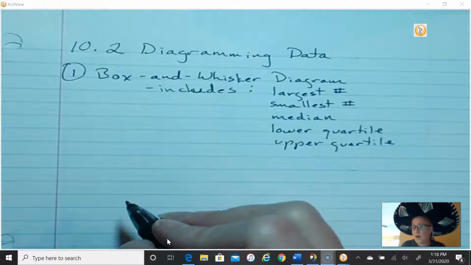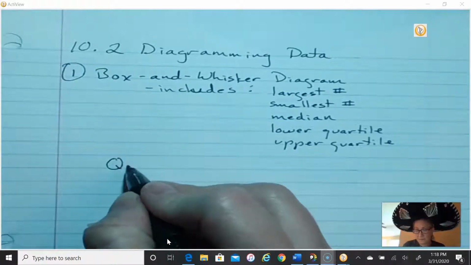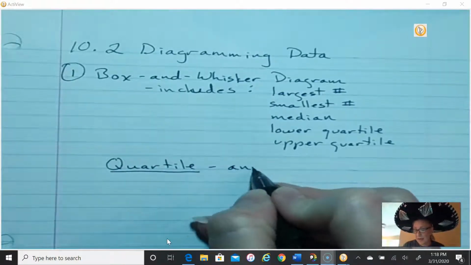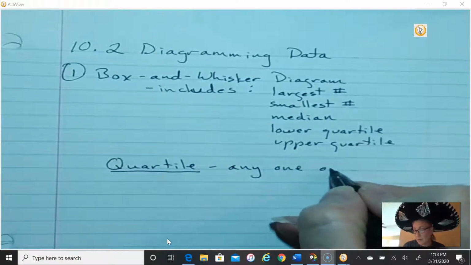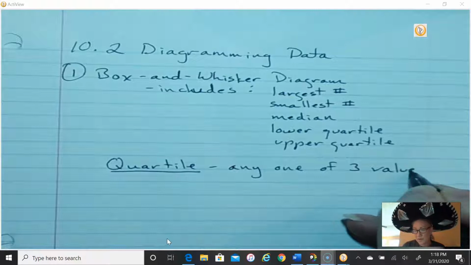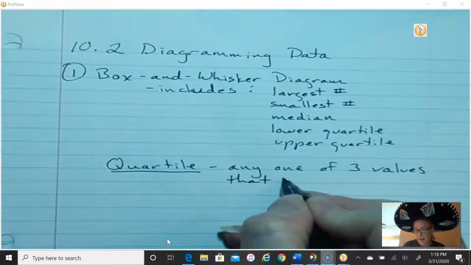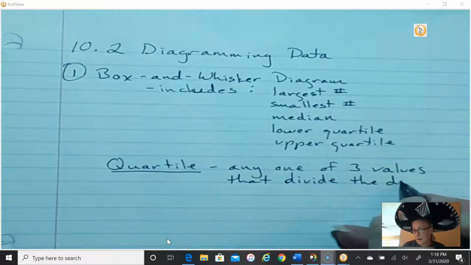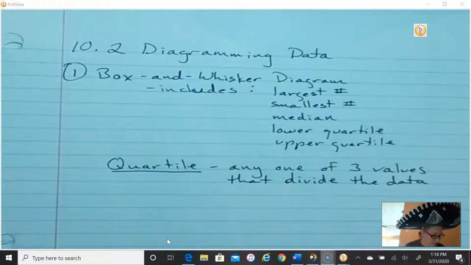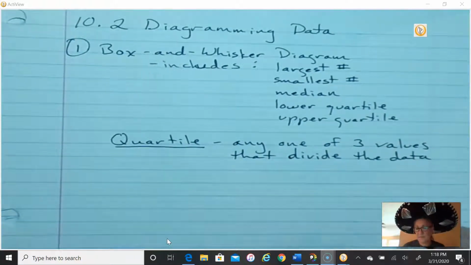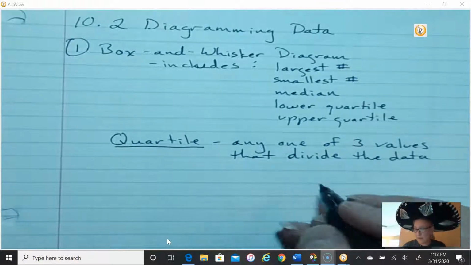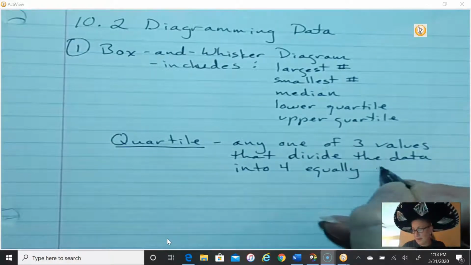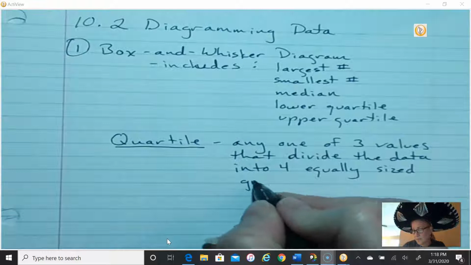You may ask or wonder, what is a quartile? A quartile is any one of 3 values that divide the data, or data, whichever you want to say, into 4 equally sized groups.